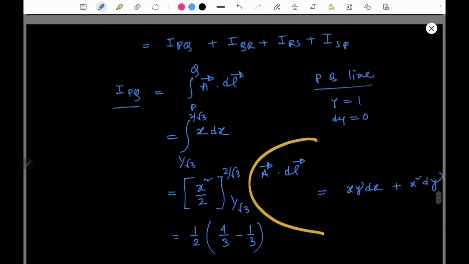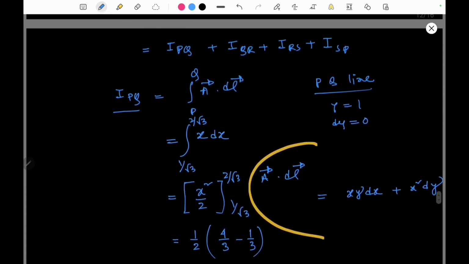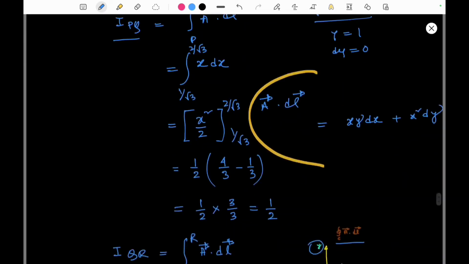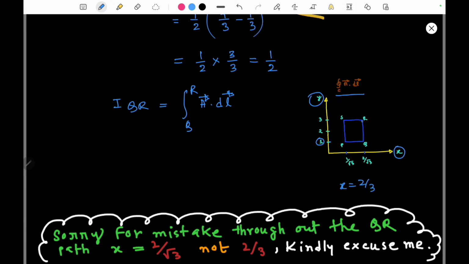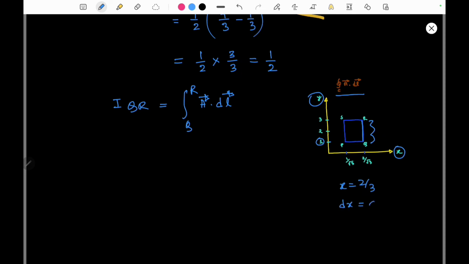Okay, like we have written here also. Now in this line we can see x equal to 2 by root 3. So dx equal to 0.